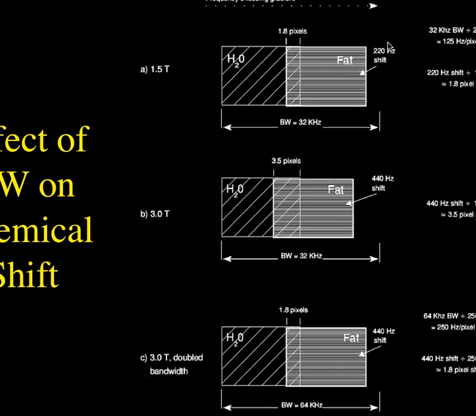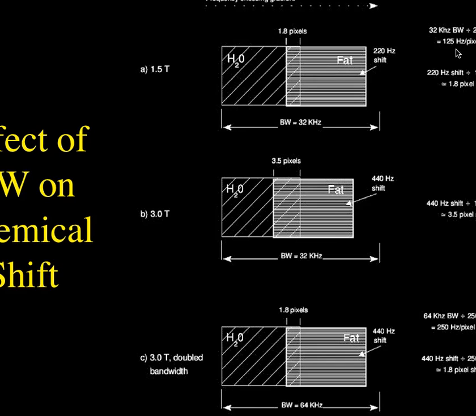Now, if we use a bandwidth of 32 kilohertz, and let's say we're using a 256 matrix in the frequency encoded direction, that means that if we divide 32 kilohertz by 256, each pixel will have a width of 125 hertz.